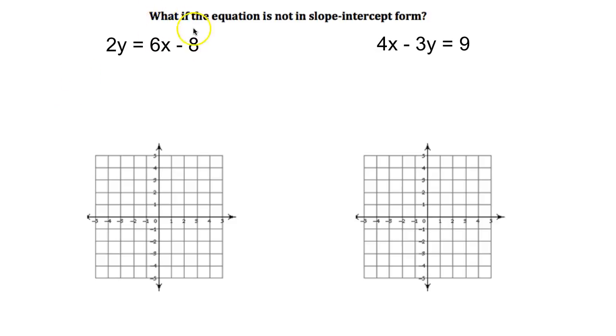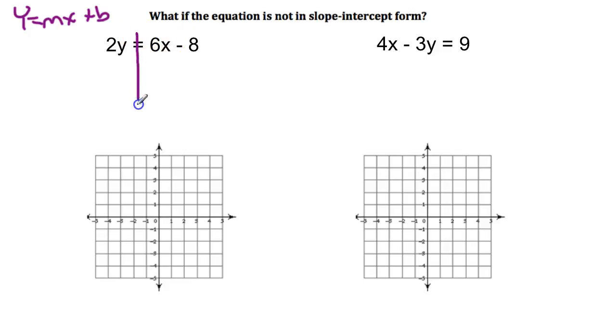The last one: if you have an equation and it's not in slope-intercept form, it's not in y equals mx plus b, how do we graph it? Well, one way is changing it back into slope-intercept form. We did this in a previous lesson, solving for y. So let's do it right now. This one, 2y equals 6x minus 8.